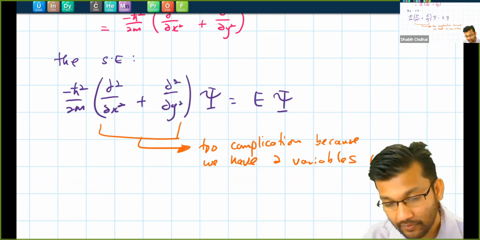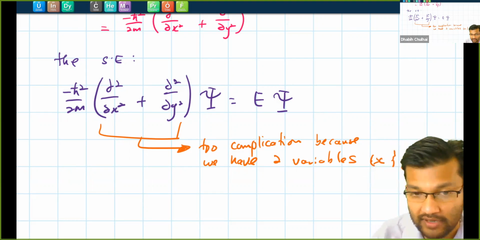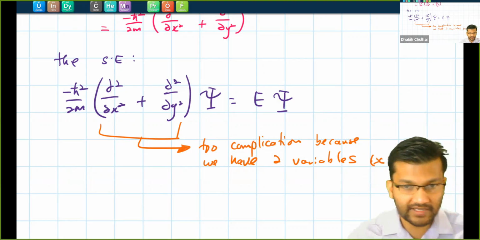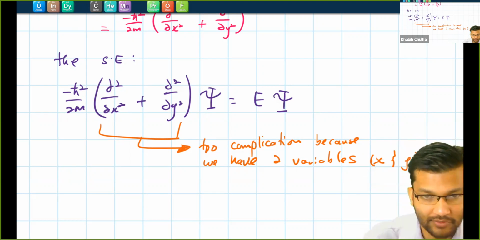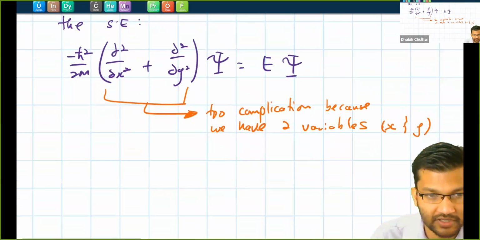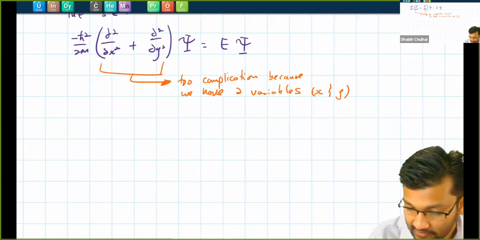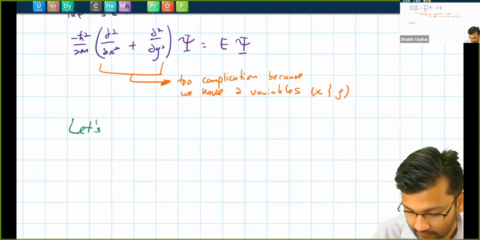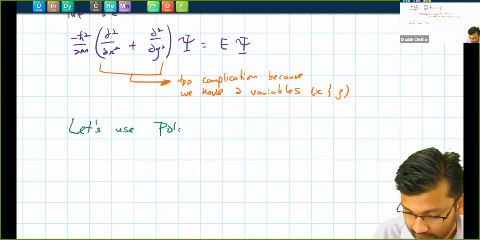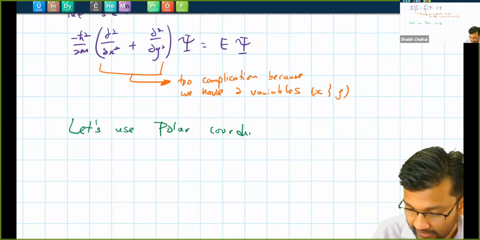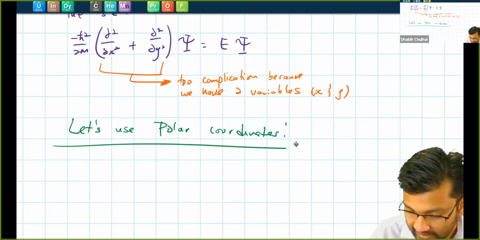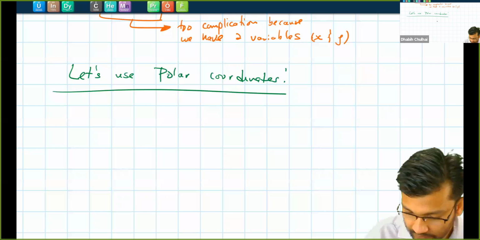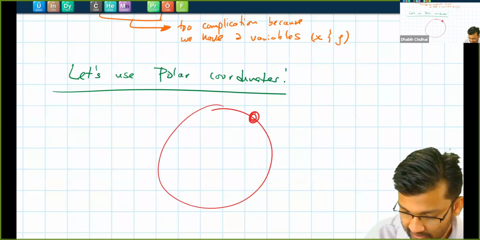Well, the way to simplify this is actually to use polar coordinates. And I assume that everybody's at least heard of polar coordinates, maybe used it a little bit somewhere. But let's use polar coordinates. In polar coordinates, it's the same setup. Here's our ring, here's our particle, going around the ring.